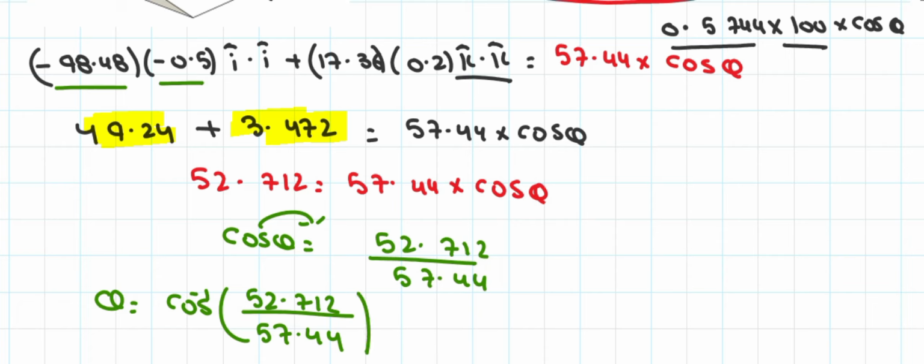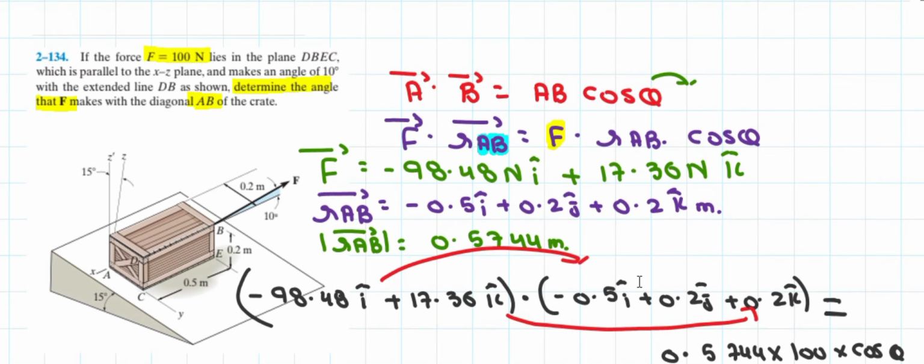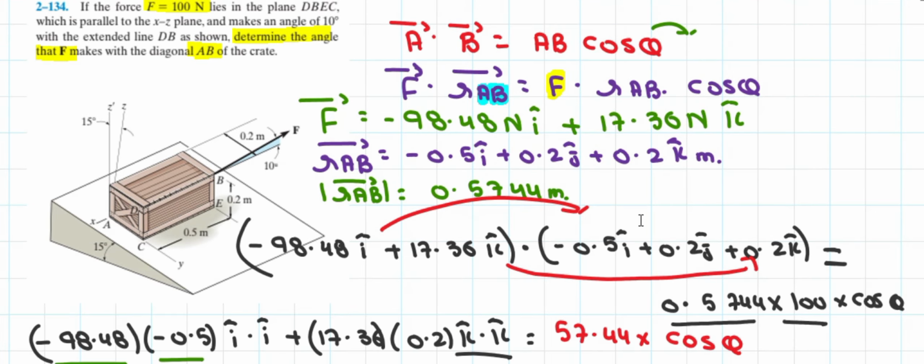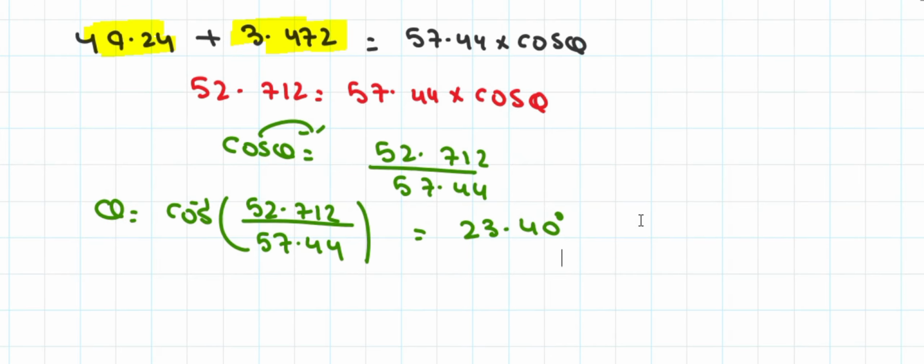So cos inverse of 52.712 divided by 57.44 gives us a result of 23.40 degrees. So the force F which makes an angle with the diagonal RAB according to the question requirement is nothing but 23.40 degrees. Now your question has been solved here and your concept too.